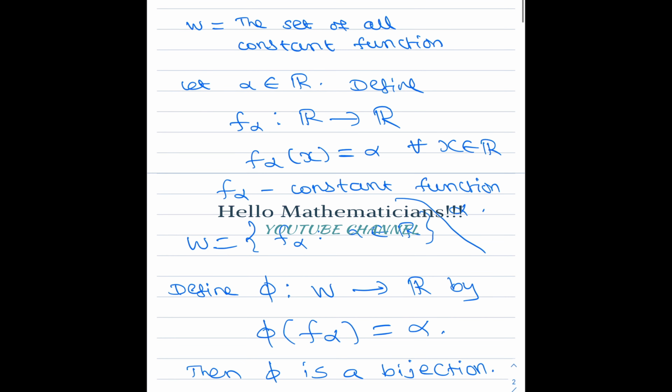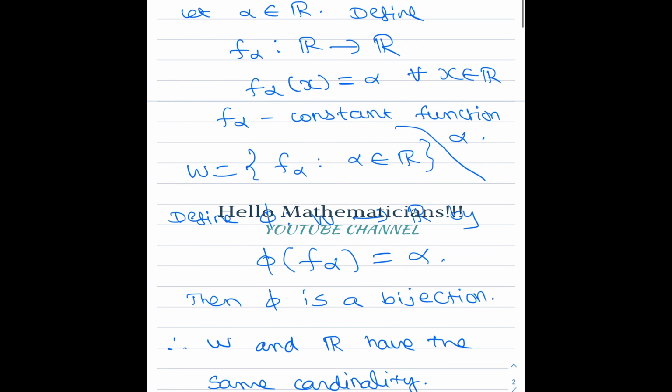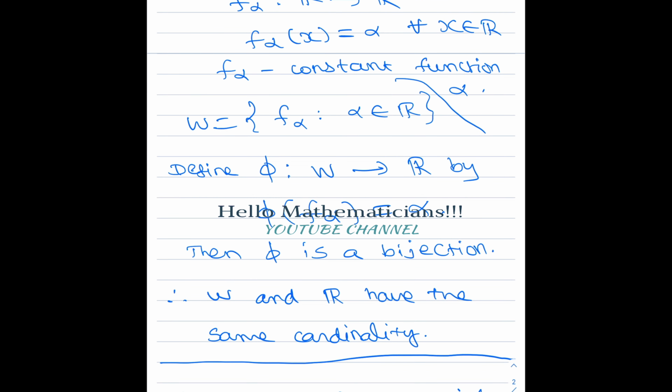From the way W is constructed, we see clearly that for each real number alpha there is a constant function. Conversely, given a constant function, we know what the constant is. So that is the bijection between W and R. Let's write it down rigorously. Define a function phi from W to R that takes a function f alpha in W and sends it to alpha.